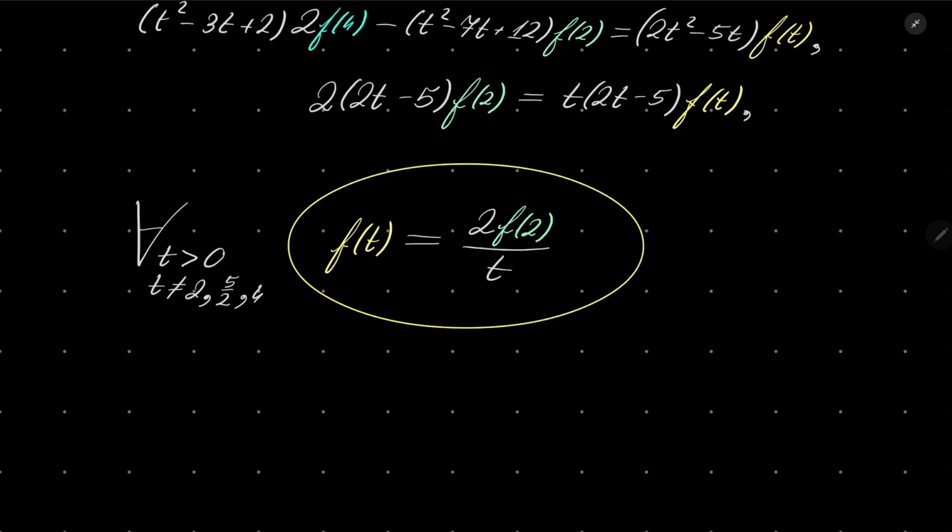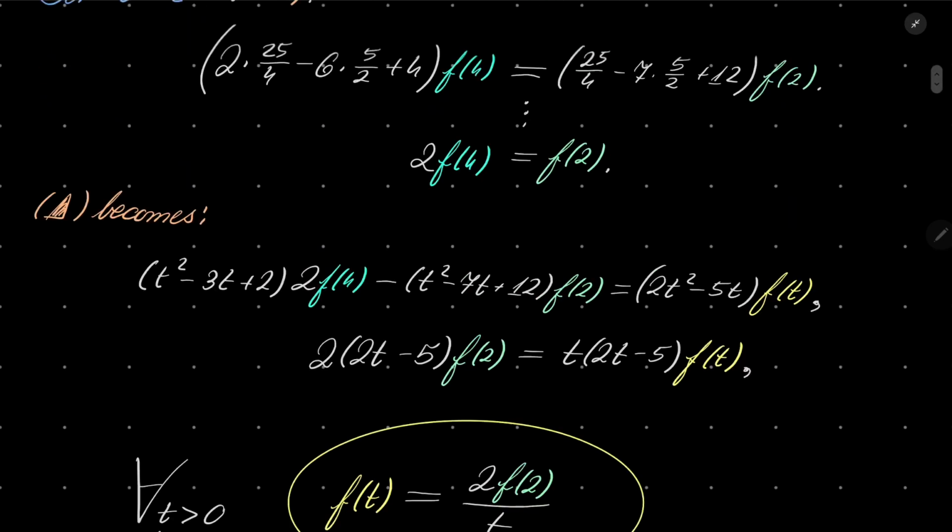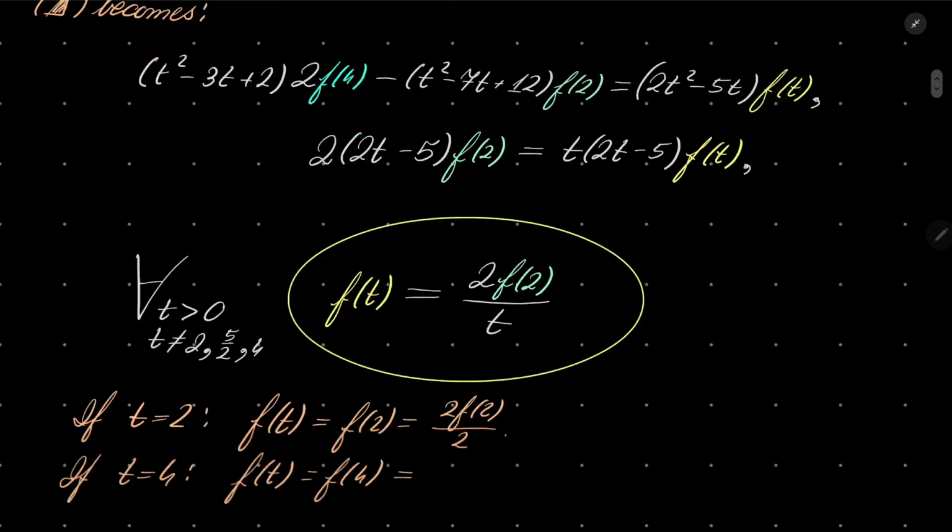Well, notice that if t equals 2, then obviously f of t equals f of 2, and it's exactly the same as this. So this also holds for t equals 2. Well, if t equals 4, f of t equals f of 4, but f of 4, remember, 2 times f of 4 is f of 2.